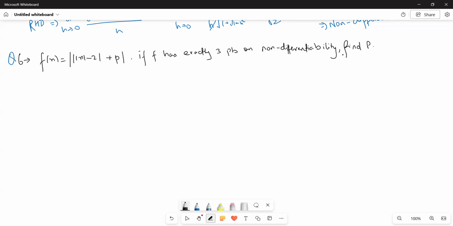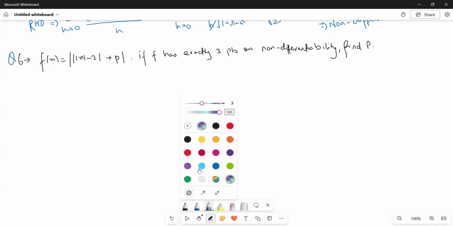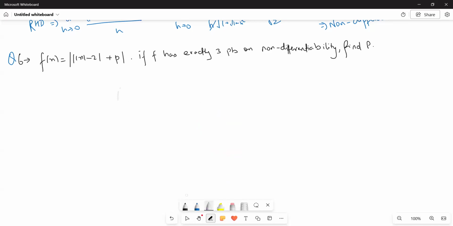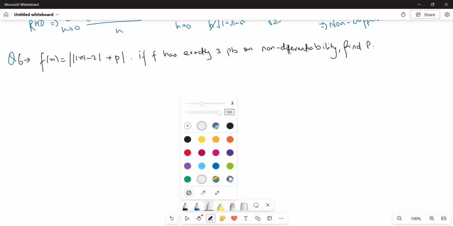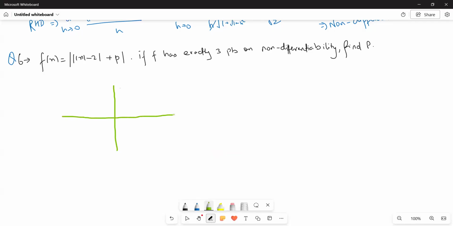It's a graphical question, application. Okay, think graphically, what will the graph of mod x be?